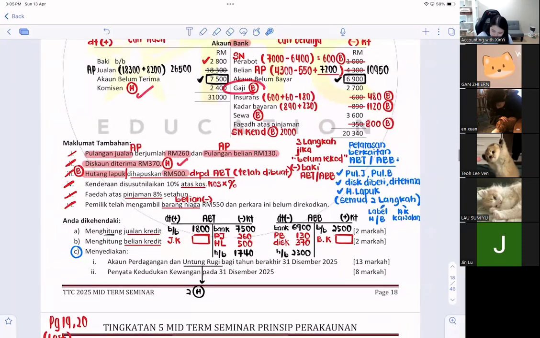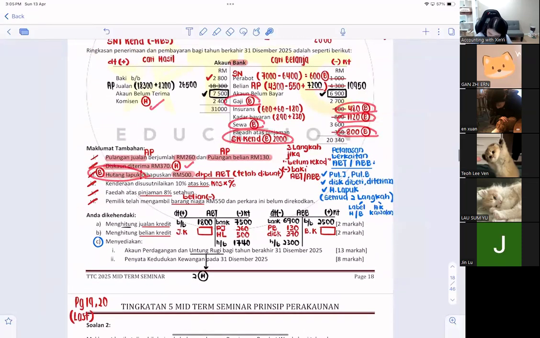It will be gaji, 1, insurance, pada bayaran, sewa, faedah atas pinjaman, susut nilai kenderaan, 6 already. 7 is hutang lapuk. Okay, am I missing anything? Let me check again. Oh, one more here. Susut nilai perabot. We have 8 of them. 8 belanja. So if you did manage to put them all in, then there should be no problem.